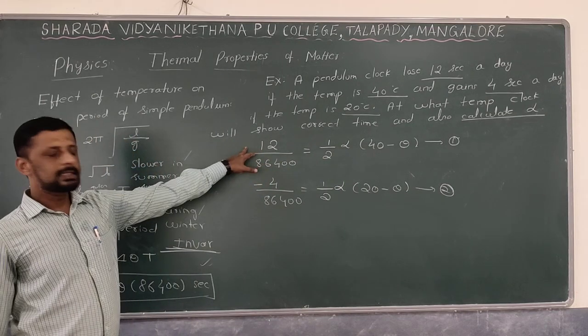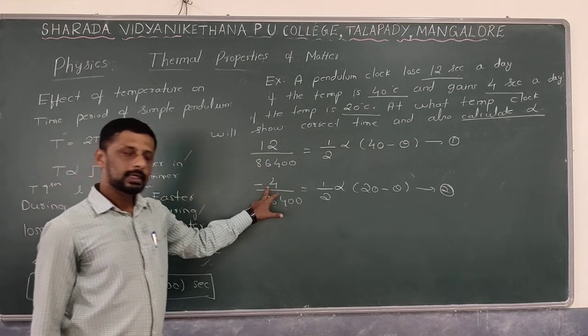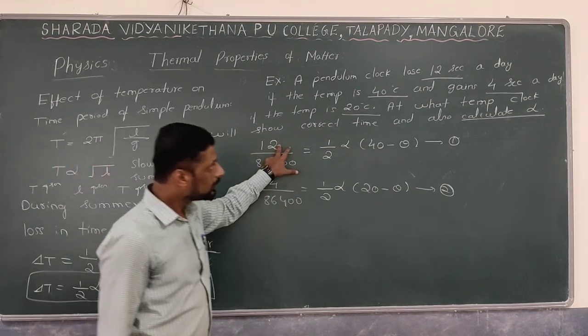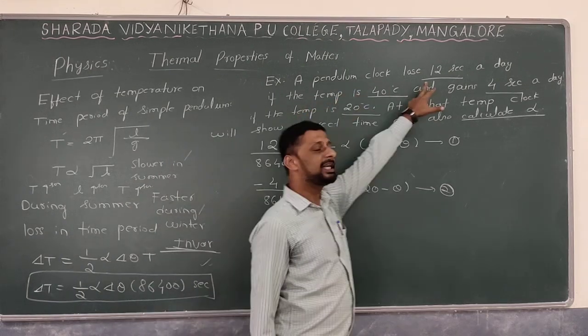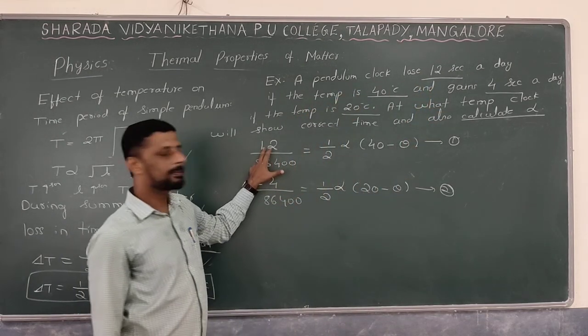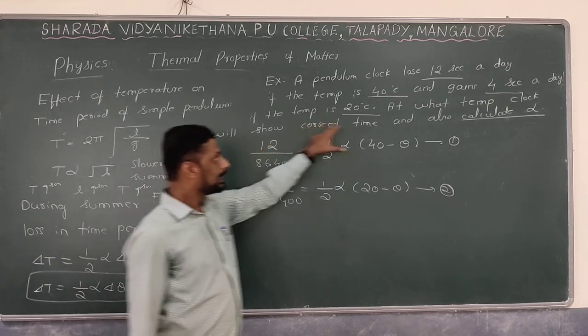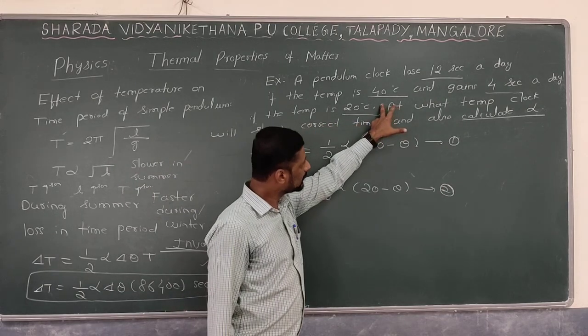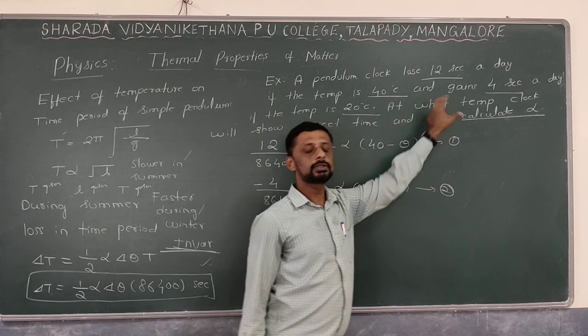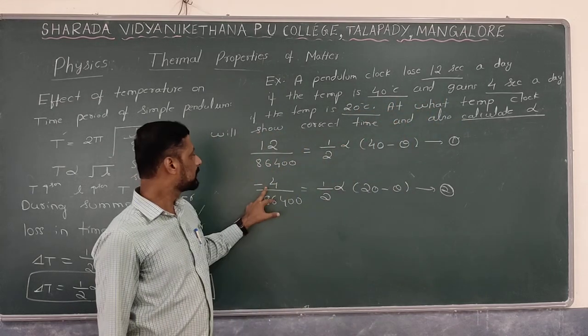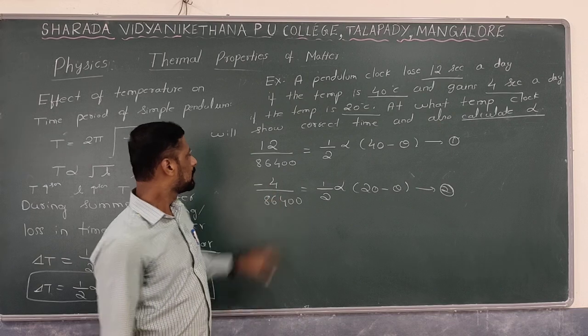Here I will take plus 12 and here I will take minus 4. The reason is, in order to show the correct time, it should gain 12 seconds, and hence I take plus 12 here. Here when the temperature is decreased to 20 degrees Celsius, it gains 4 seconds, so in order to show the correct time it should be minus 4.